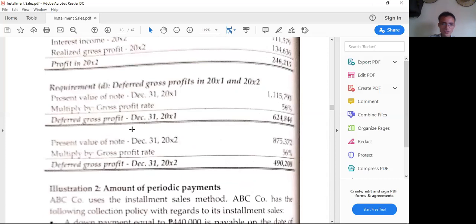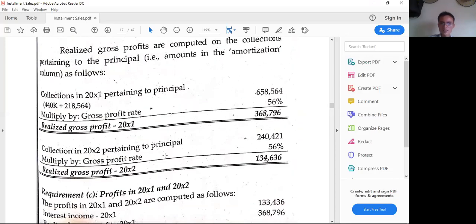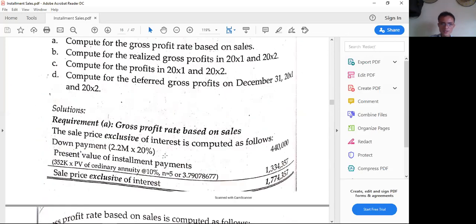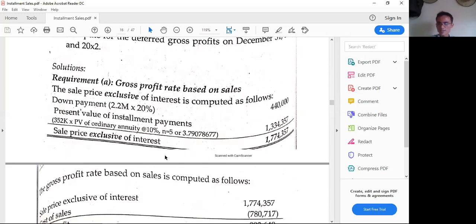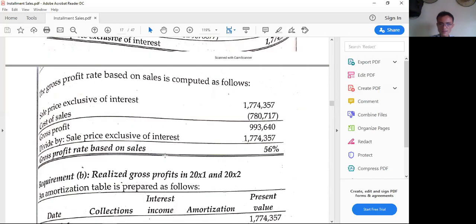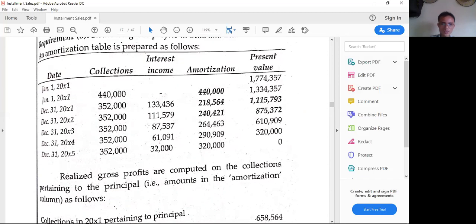Anyhow, what about deferred gross profits at these two dates, ended 20X1 and 20X2? As I've said, forgive me for moving the mouse too much, it's going to be amortization and the remaining balance. So how do we compute for 20X1?